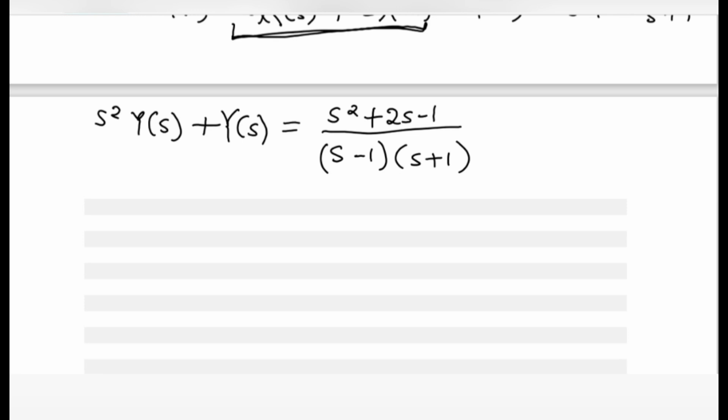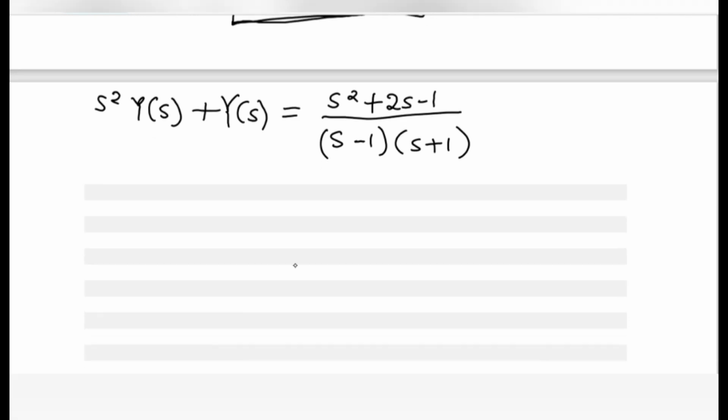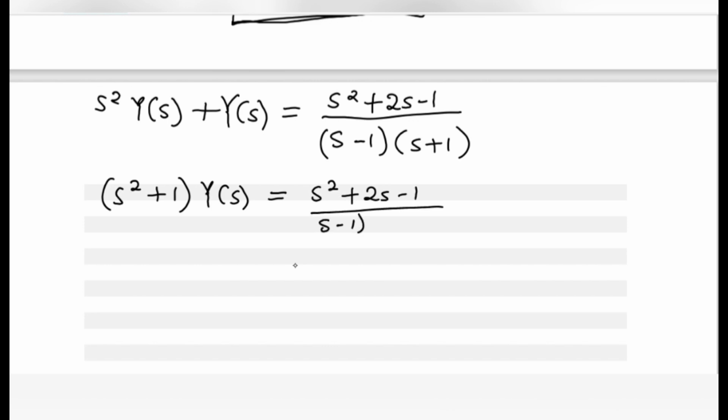And if we pick like terms here, this is just going to give us s squared plus 1 times Y of s. This will be equal to all of this, s squared plus 2s minus 1 over s minus 1, s plus 1.